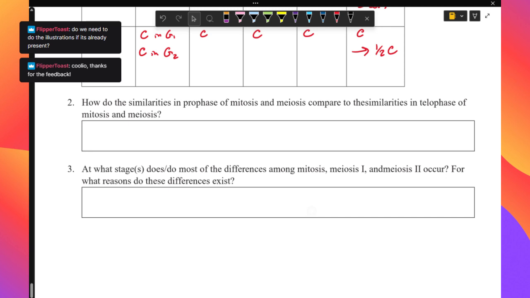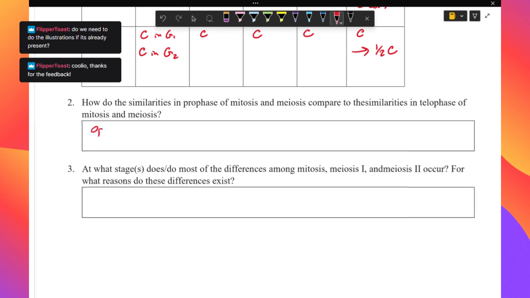How do the similarities in prophase of mitosis and meiosis compare to the similarities in telophase of mitosis and meiosis? So as we talked about before, telophase can be thought of as the opposite of prophase.